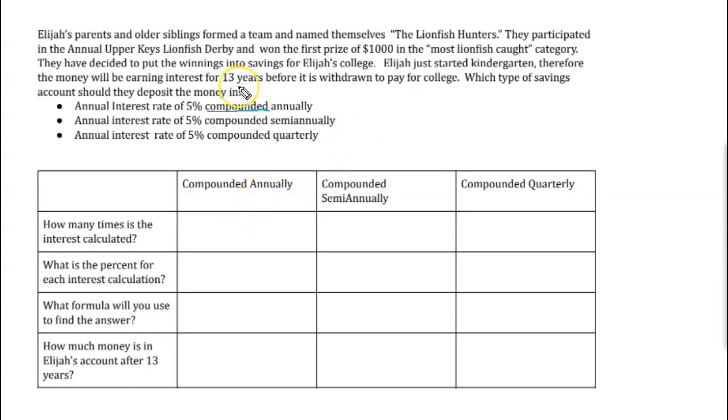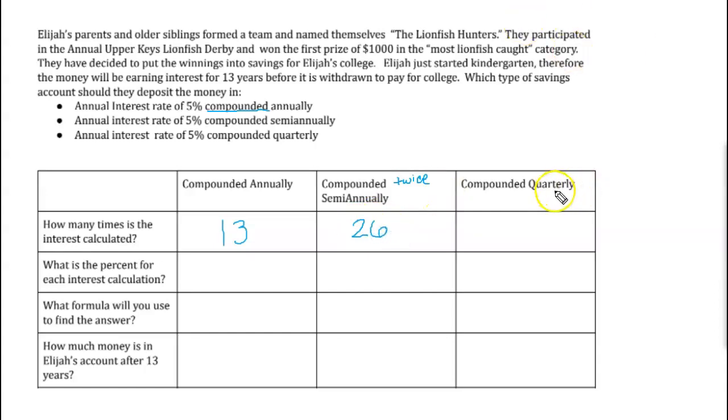So if he's going to keep it in the bank account for 13 years, he's going to get interest calculated 13 times. Semi-annually means twice a year. If you've ever gone to a semi-annual sale, it's a twice-a-year sale. And so if he's keeping it in there for 13 years, but his interest gets compounded twice each year, he's actually going to have his interest compounded 26 times.